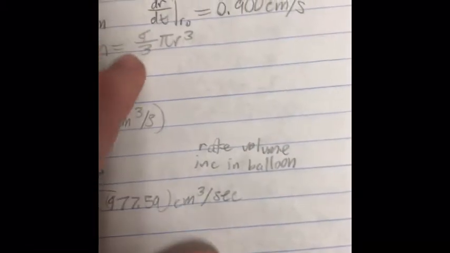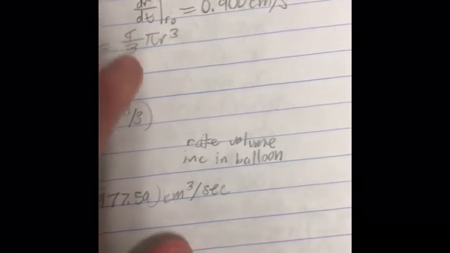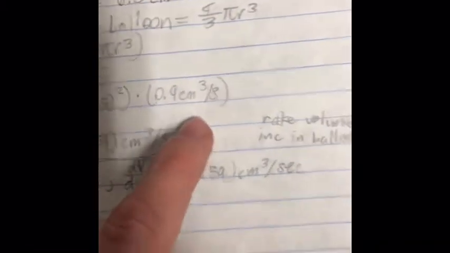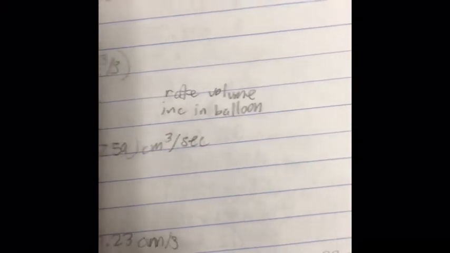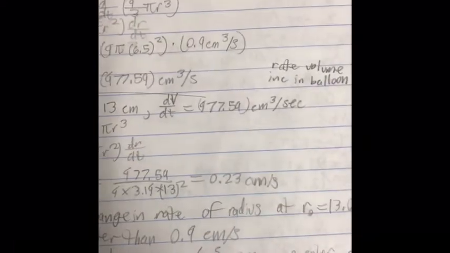And with the volume of the balloon, obviously, I got that equation, and then I plugged in the radius right here, and with the derivative, and that gave me the rate at which the volume of the balloon was increasing.